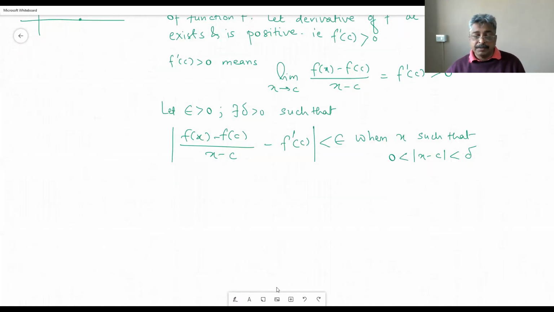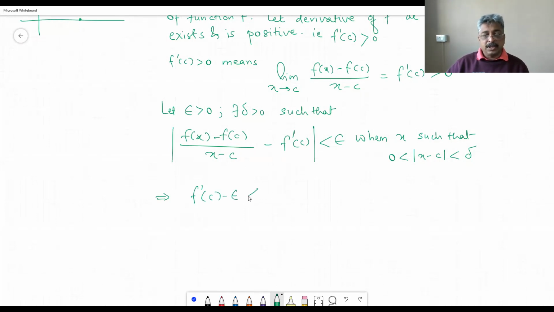Okay, so if this is the definition, what is the other meaning of this definition? The other meaning is this implies f dash of c minus epsilon is less than f of x minus f of c upon x minus c is less than f dash of c plus epsilon.